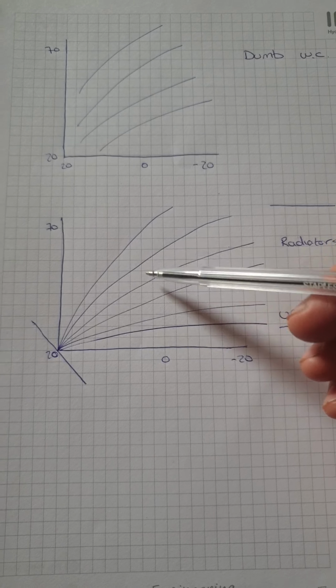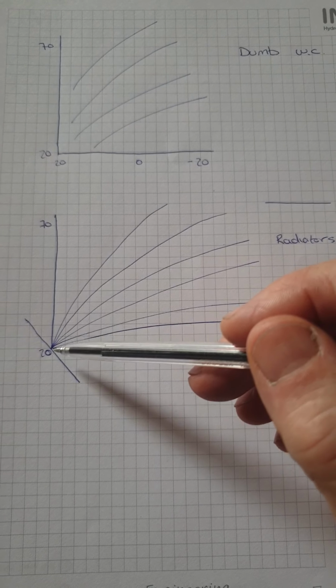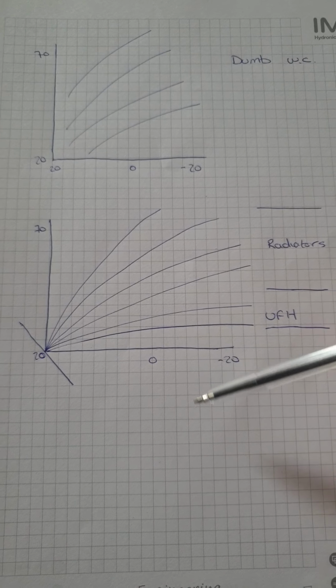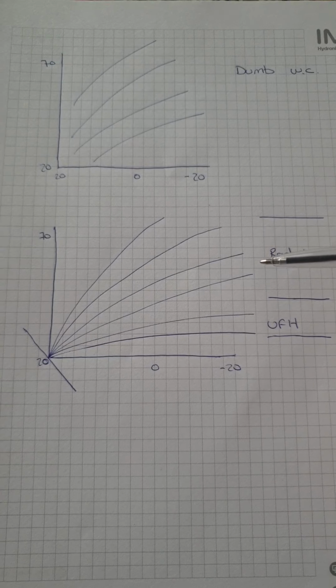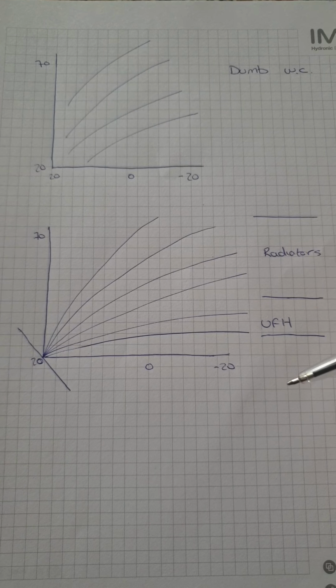Doesn't matter how the design of the system is, weather compensation will always give you more efficiency, because it's always going to drop back down these curves and get the boiler running cooler than it would if it didn't have weather comp, or some kind of load compensation system anyway, at least. Got to bear in mind that weather comp isn't the only load compensating system.